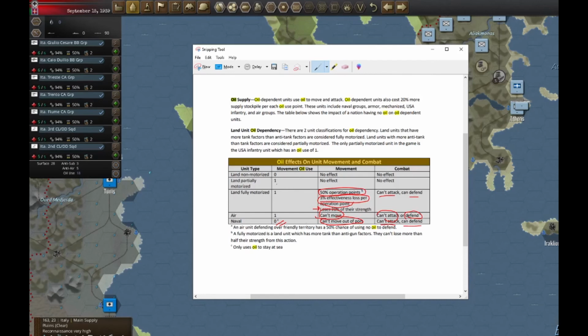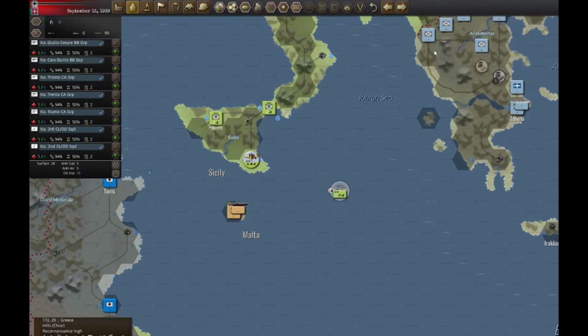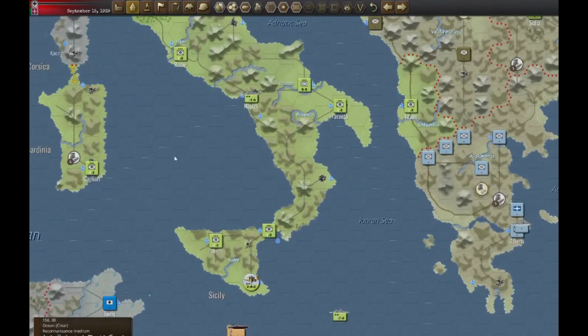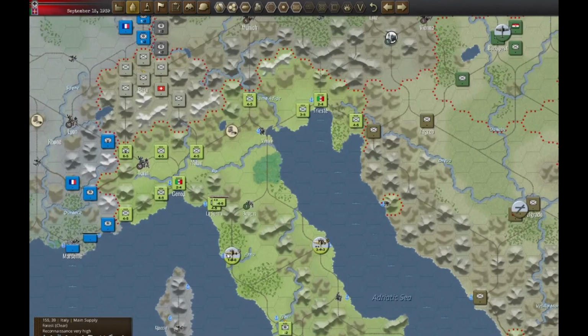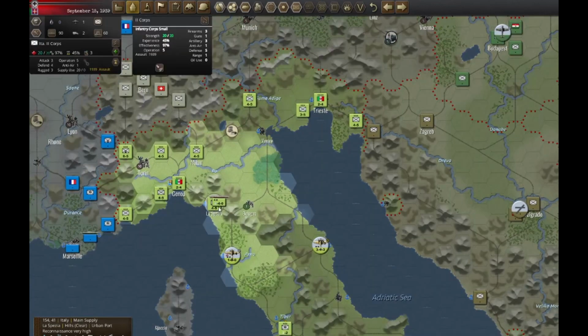So this chart here tells you what happens for Italy in this particular turn, the effects of not having oil in their stockpile. That's what this actually shows you here. So with this in mind, I'm going to take a look at this, and I reported this.